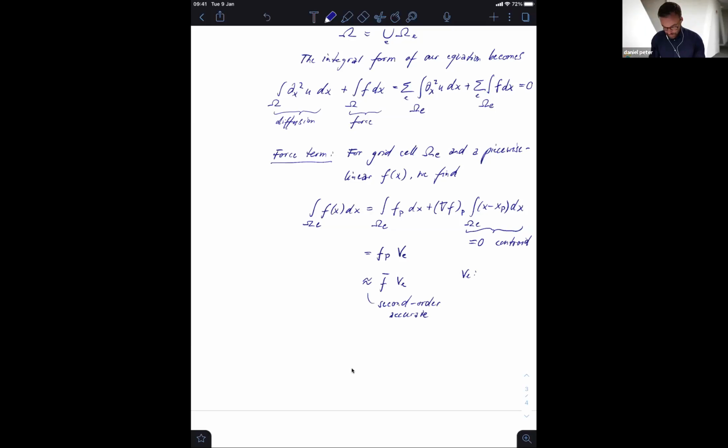So Ve, this would be the volume of our grid cell omega e. fp, that's the value of f at the centroid position xp. And f with a bar on top, that would be the cell average of the function.